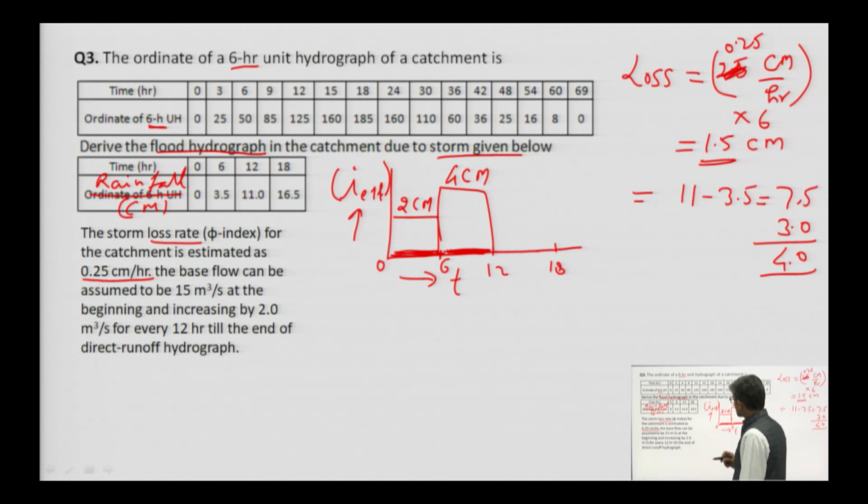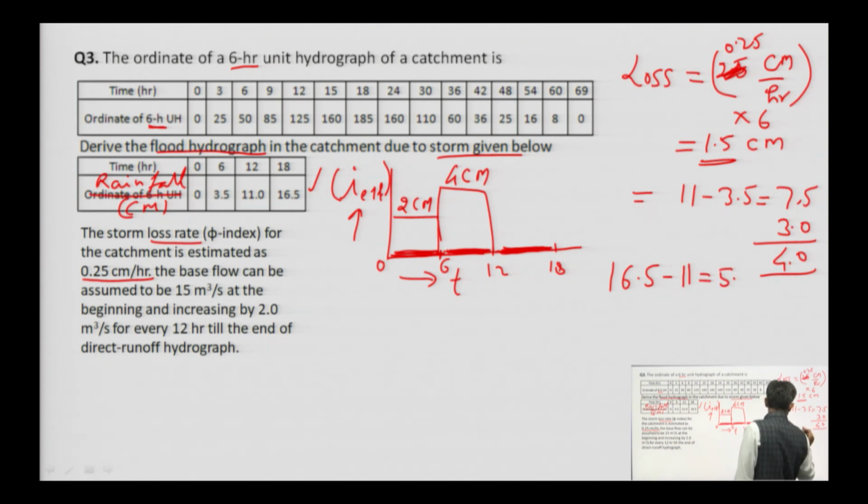Similarly, for the next duration, the precipitation is 16.5 minus 11, which is 5.5, and the losses are 1.5.